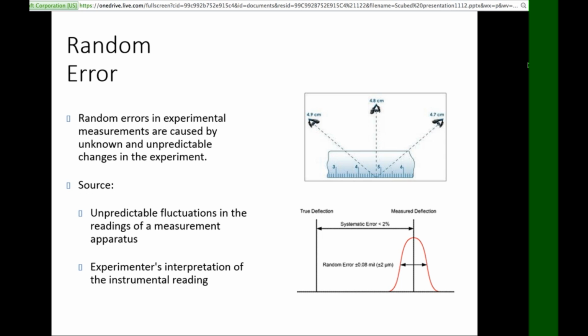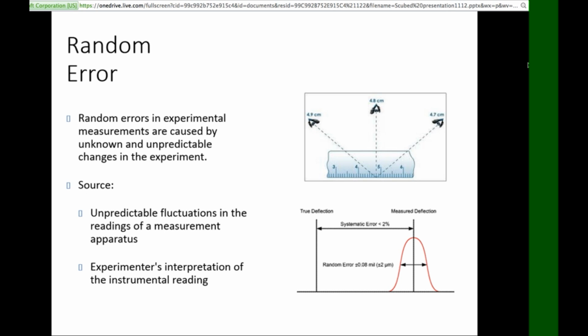The results would be scattered on both sides of the actual value. Therefore, the average would be the best estimate of the quantity, and in fact, that is how random errors can be reduced: by averaging over a large number of observations, what we call repeated readings.